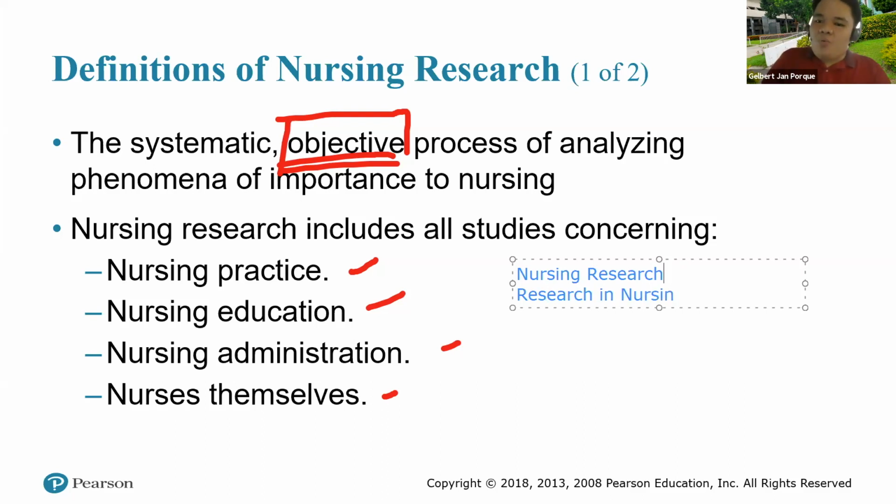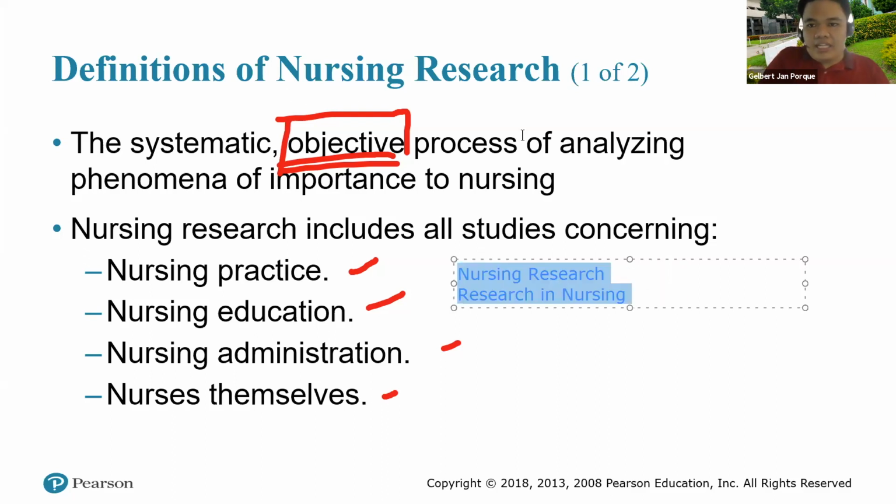Now, Tan would say that research in nursing, okay, let's focus first on the second term. Okay, let's focus on the term research in nursing. When I talk about research in nursing, Tan says that these are researches about nursing. So let's say I want to know if the nursing practice right now is good or not.